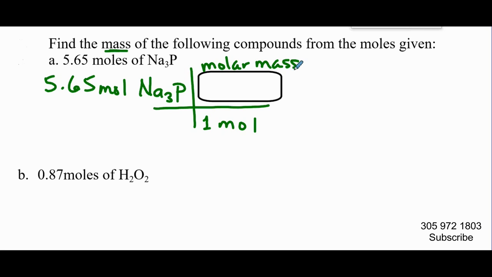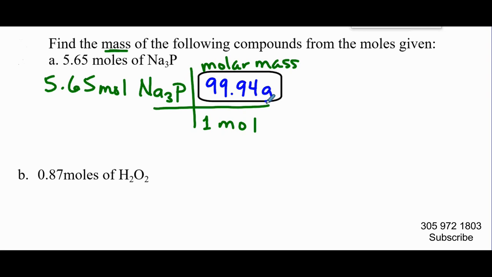And what I have is 3 Nas, and I just did that earlier, 3 Nas and 1 P. Okay, so find the mass of Na 3 times, the mass of 1 P once, add them up. And the mass of that compound is 99.94.